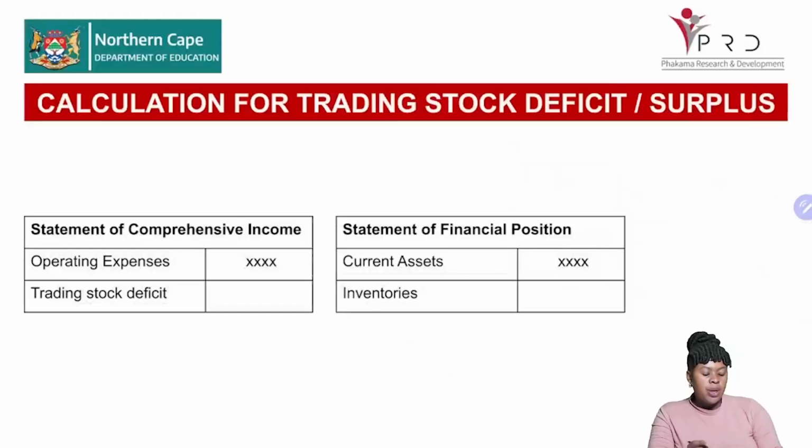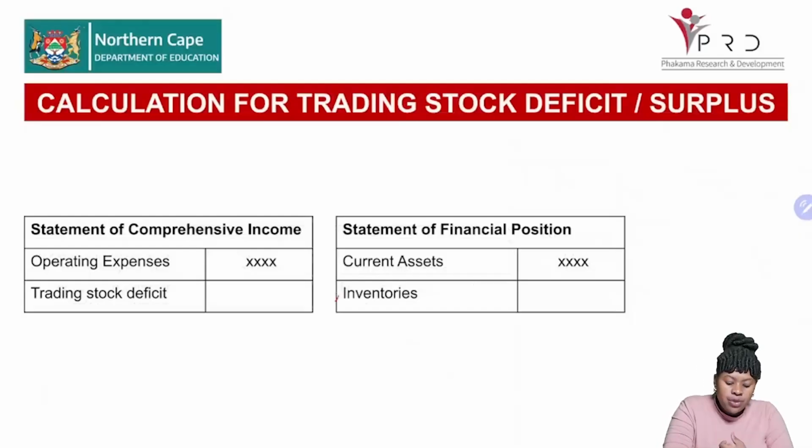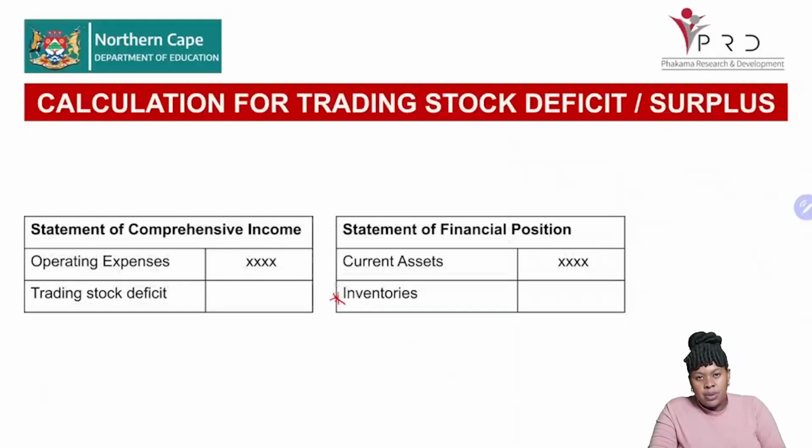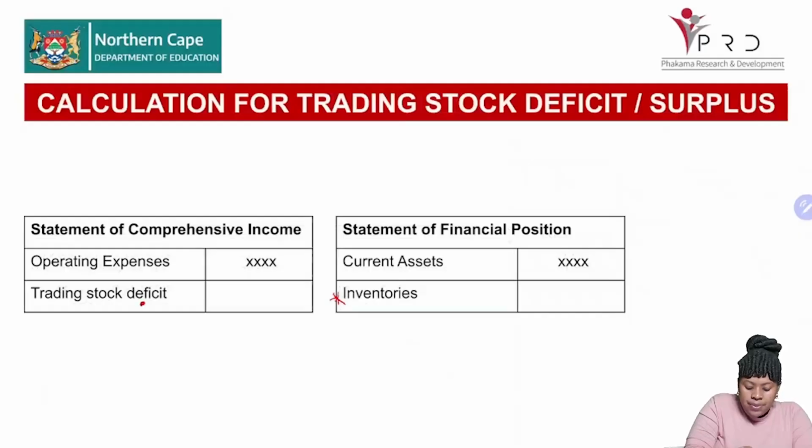So this transaction is obviously going to affect our statement of comprehensive income, and it's also going to affect our statement of financial position because we are dealing with the trading stock, we are dealing with inventories. So inventories will then be affected. Because we've made a loss or we have a deficit, that would be affecting our statement of comprehensive income.